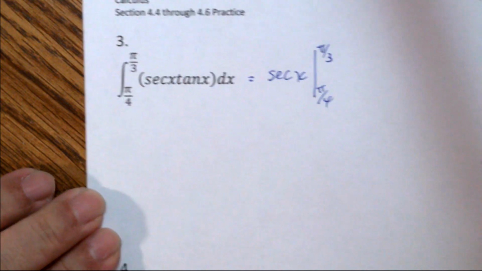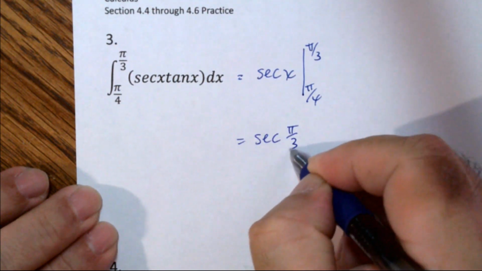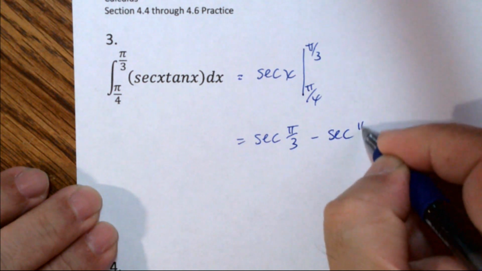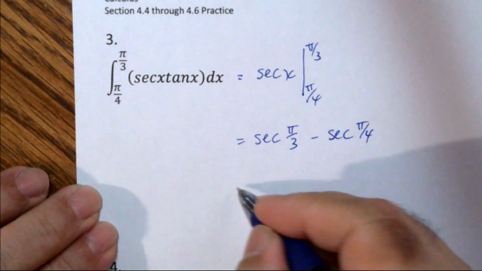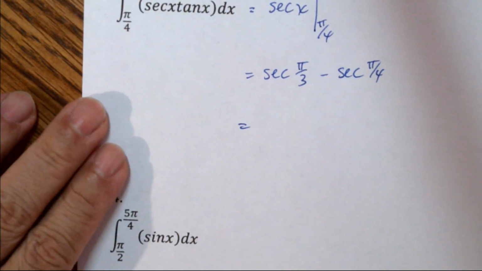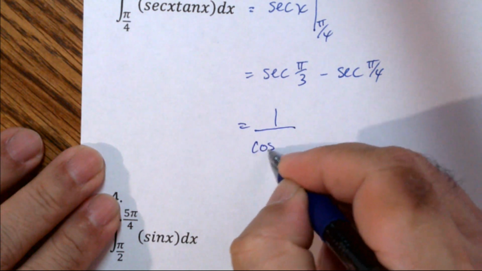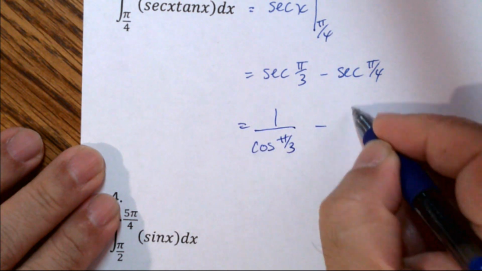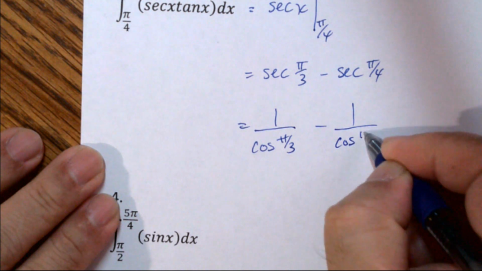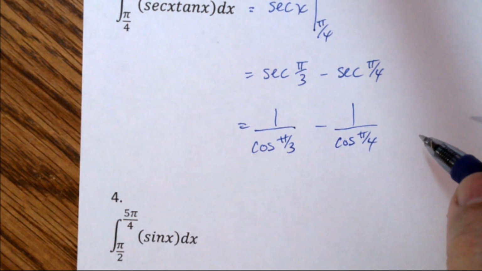All right, and continuing, so I'm just going to do secant of pi over 3 minus the secant of pi over 4. Now, a lot of people don't have secant of pi thirds memorized. In fact, I do not. So I rewrite it as a cosine and then use my unit circle ideas. So cosine of pi over 3 is 1/2, I think.